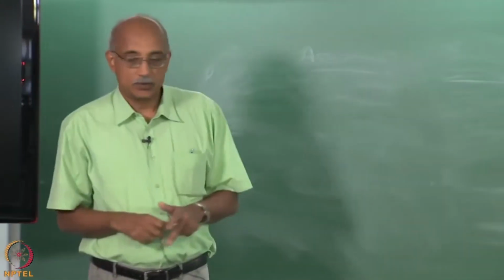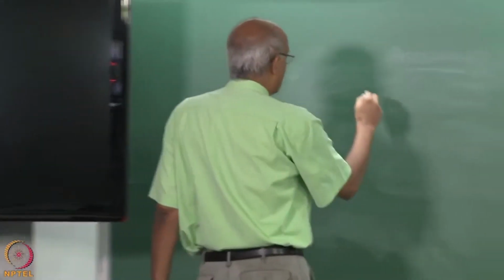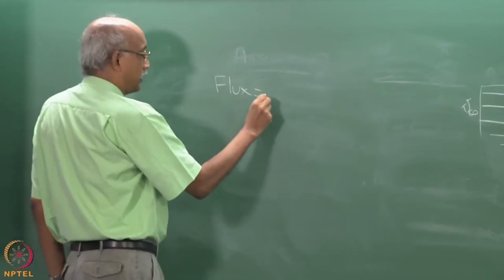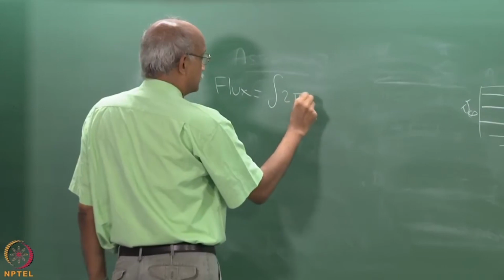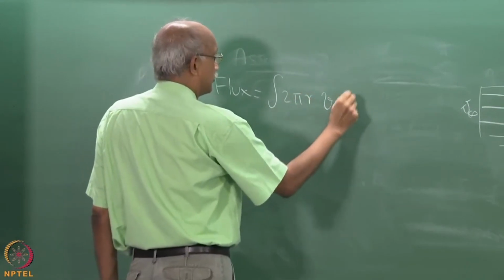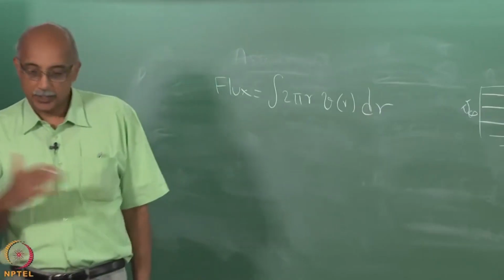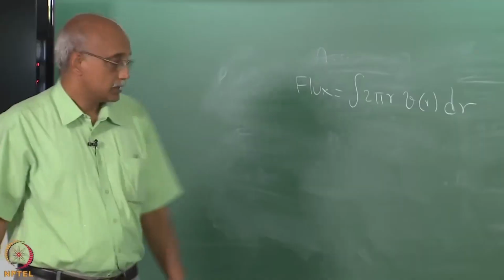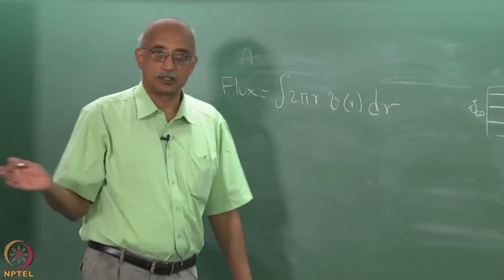Now, once you have the expression for V of r, you can also calculate the flux as integral of 2 pi r V of r dr. So, it is essentially the area times the velocity that will give you the mass flux, and the other critical parameter here is obviously the boundary layer thickness.